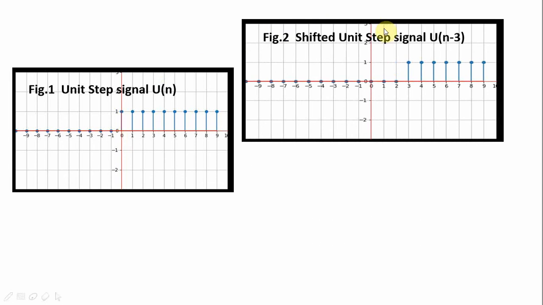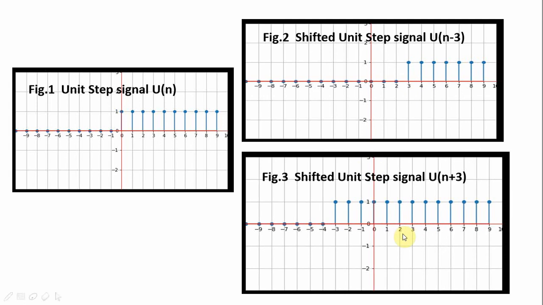When it is shifted to the right, it is u of n minus shift. Here this figure shows for a shift of 3, u of n minus 3, how it looks. And if it is shifted to the left, u of n plus 3, how the signal will look.